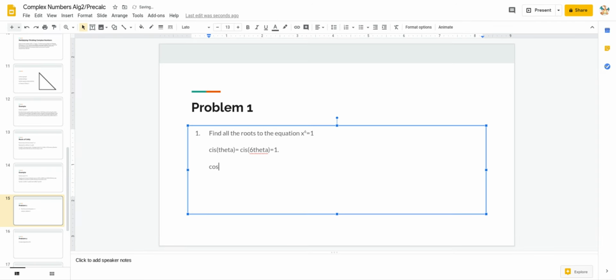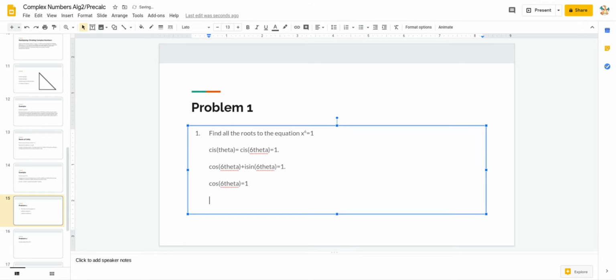This means cosine 6 theta plus i sine 6 theta is equal to 1. Since there's no imaginary part here, i sine 6 theta has to be equal to 0. So sine 6 theta is equal to 0 and cosine 6 theta is equal to 1. So you just want to find out when cosine 6 theta is equal to 1.